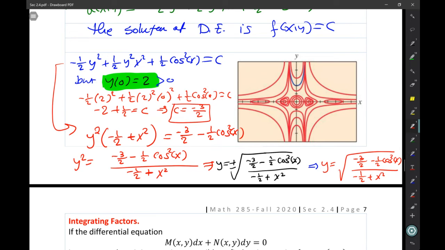But in case the value of y in your initial condition is negative, then you can take the negative square root. All right? Is it clear, this example?